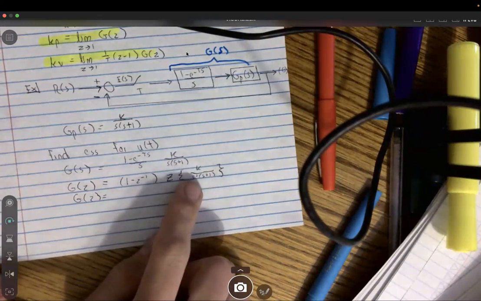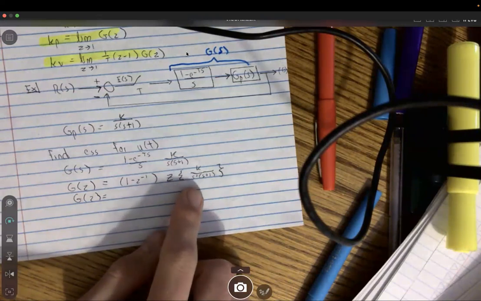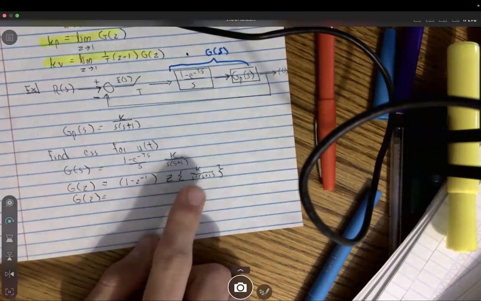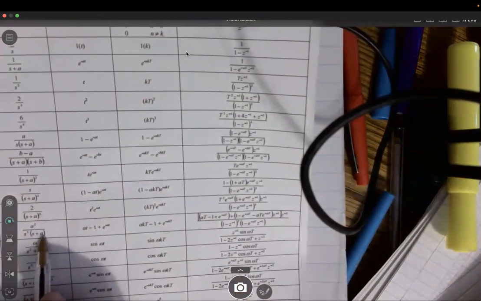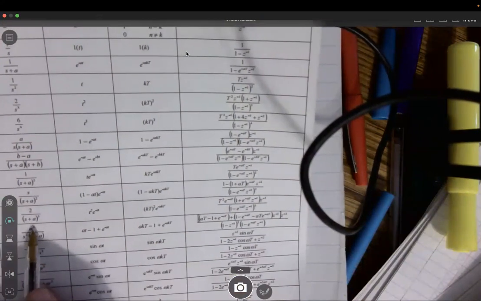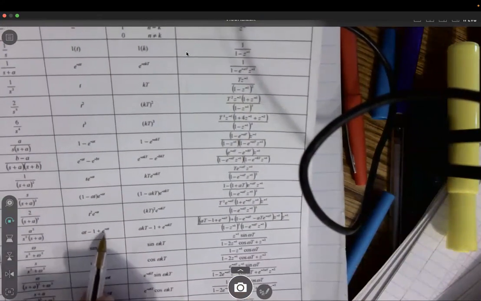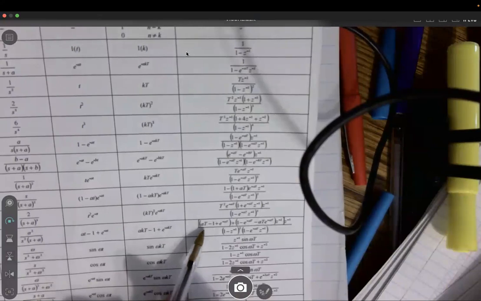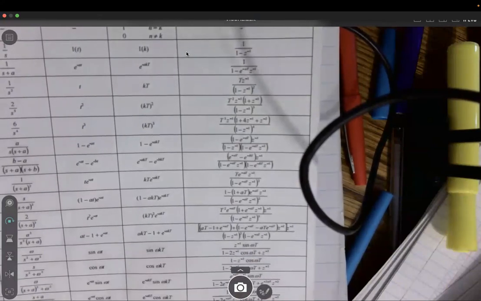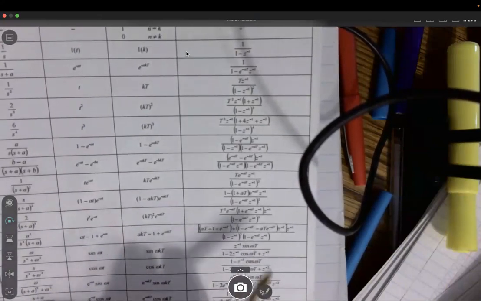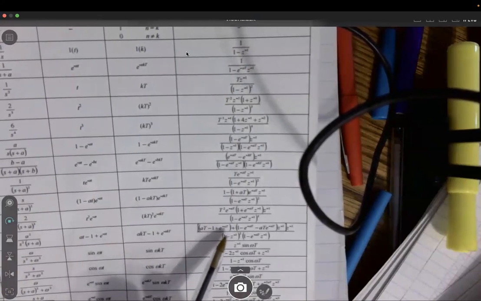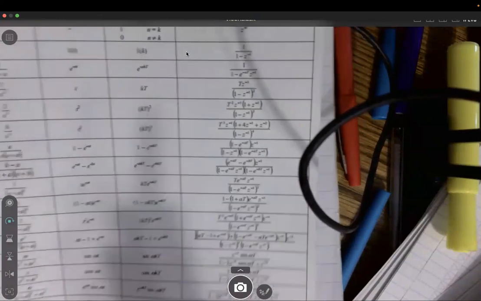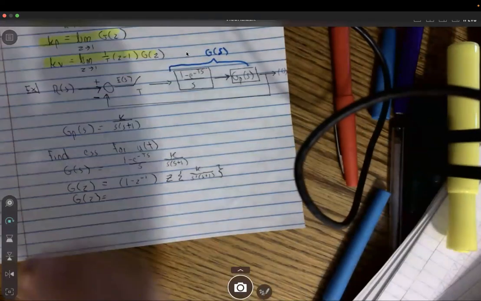What are you going to get? Looking at what we have here, notice that there is a z transform table, 1 over s squared times s plus a, and if we just have 1 for a here, it's going to give us the following equation for our z transform. Just popping that in, this is just 1 for a, so it's T minus 1 plus e to the negative T, and then we're just going to substitute in 1 for the rest. So you know where I'm getting that from.